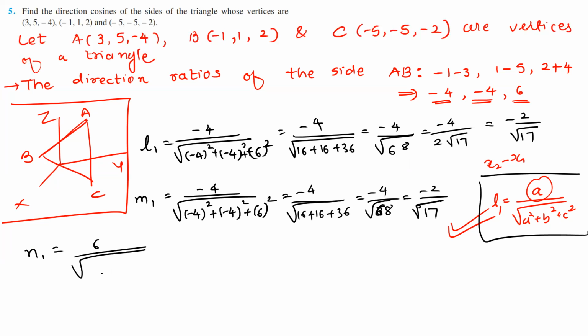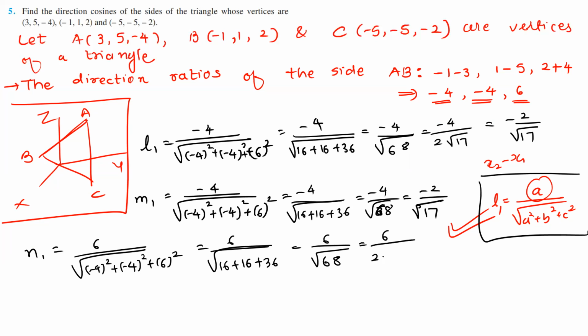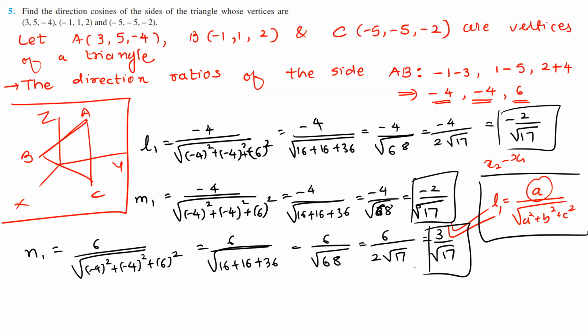N1 is the same, upon the same denominator. These are the direction cosines of line AB.